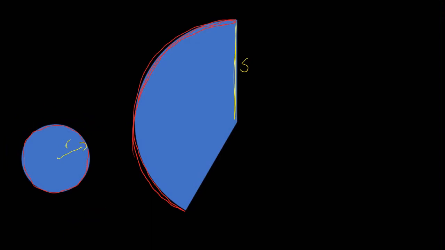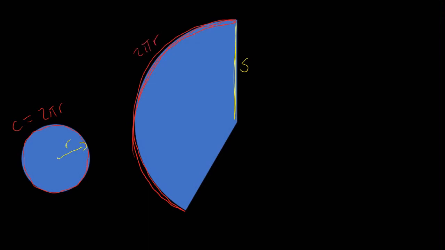So those two distances are the same. Now this one over here is equal to 2 times pi r, because that's the circumference of a circle. The arc length of this sector is equal to the same thing, so this is also 2 pi r.